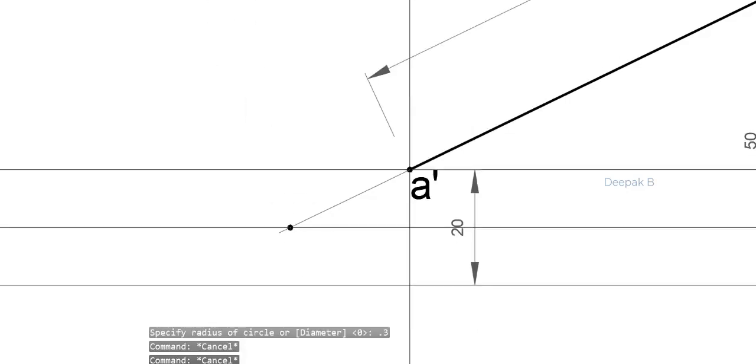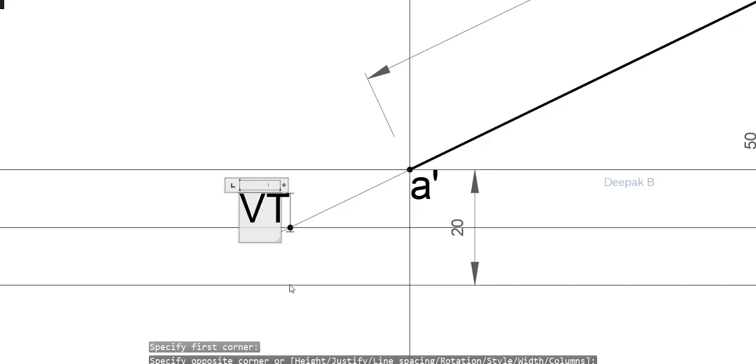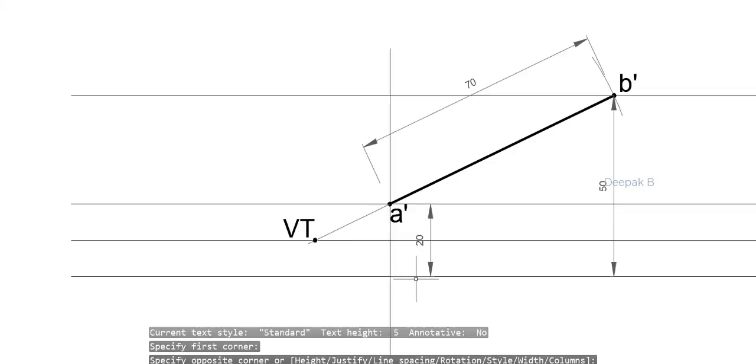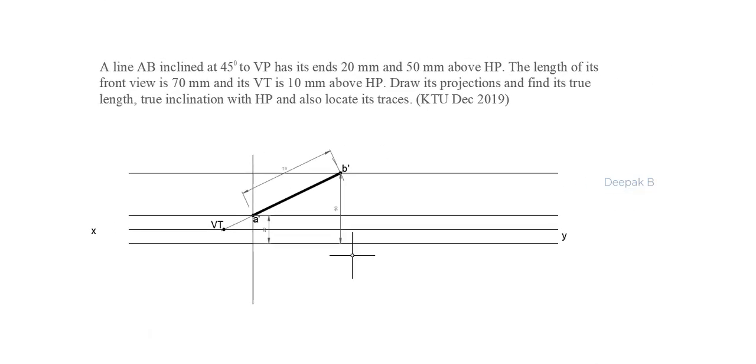Okay, now let us mark that point. All right. So we have located the point of the vertical trace. We have drawn the front view. Now let's see what all other information that we have here. So they are saying that the line AB is inclined at 45 degree to VP.